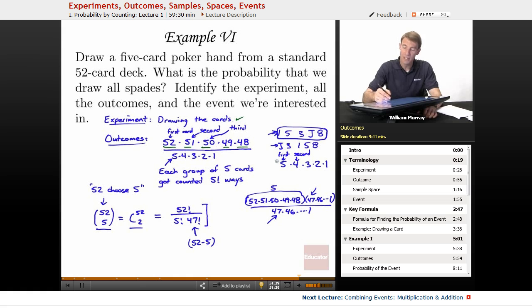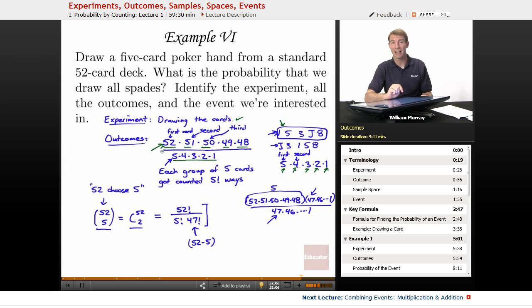So in order to fix that, we looked at a single poker hand, sort of a typical poker hand, and we figured out that the number of ways that that could have been ordered was 5 times 4 times 3 times 2 times 1. So that's why we had to divide out by 5 times 4 times 3 times 2 times 1. It's because each poker hand got counted that many ways in our initial list up here.